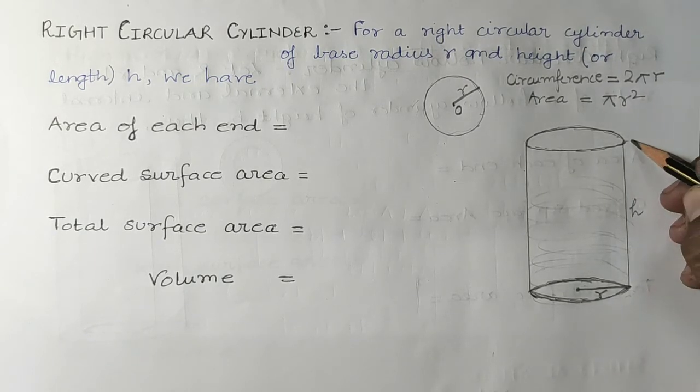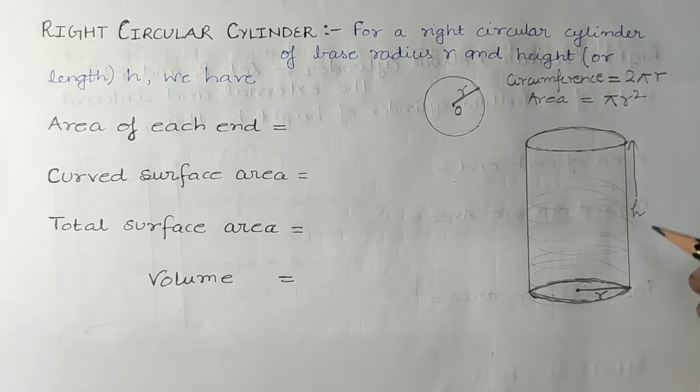We are assuming its height is h, or in some cases, like in the case of a wire, you use the word length. So a wire is also an example of a right circular cylinder.